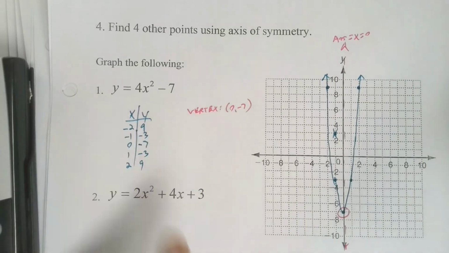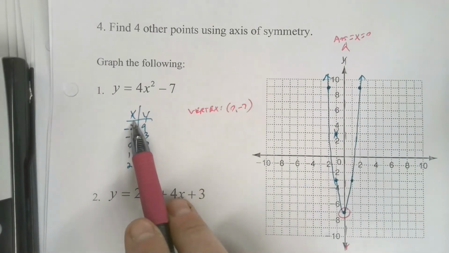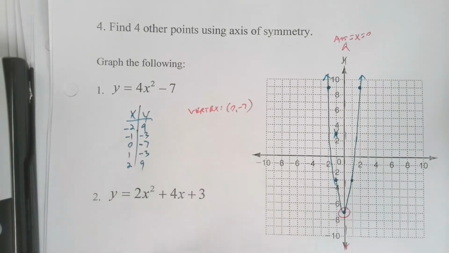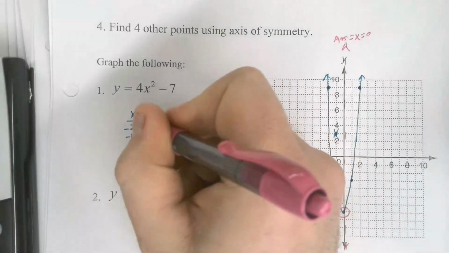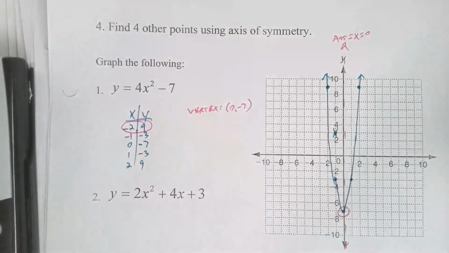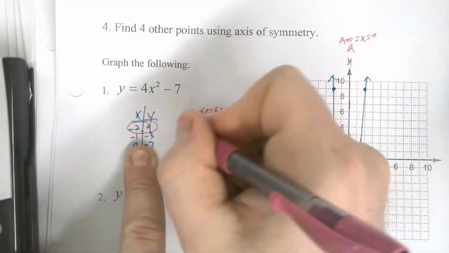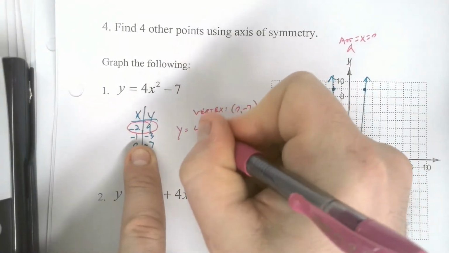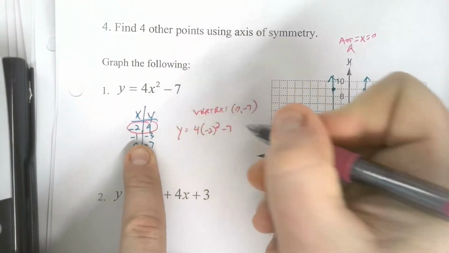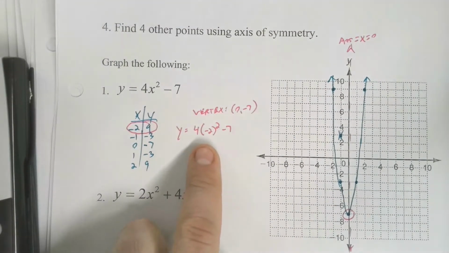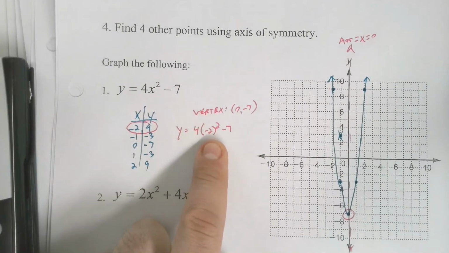Alright? So what does the x represent again? And what does the y represent? Output, right? So I want to show you how to get one of these ordered pairs if you didn't have a graphing calculator. Okay? So all you would do is plug in negative 2 for x and evaluate the y. Okay? So what's negative 2 squared? 4.